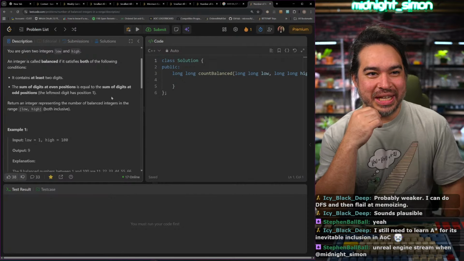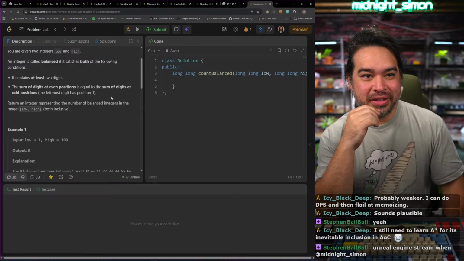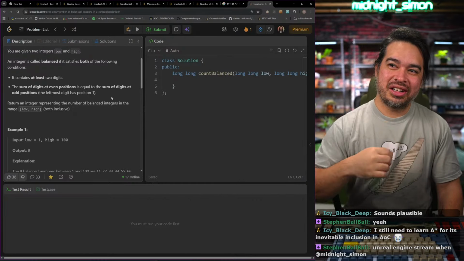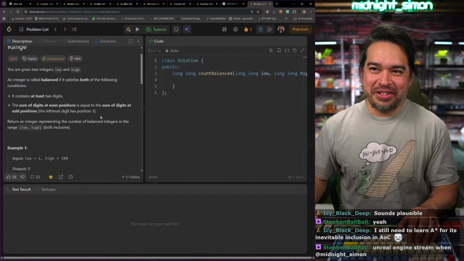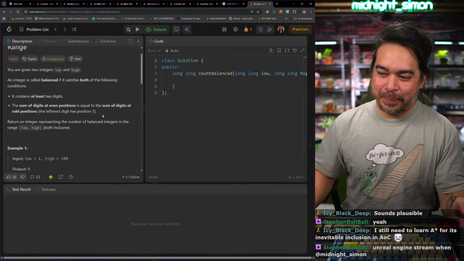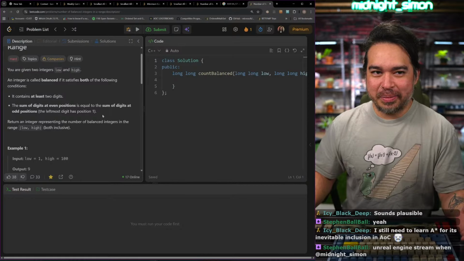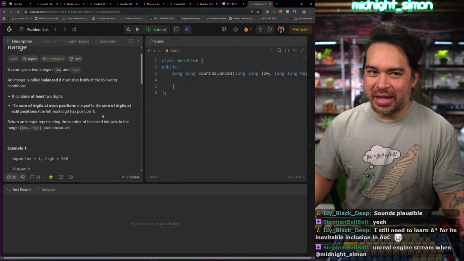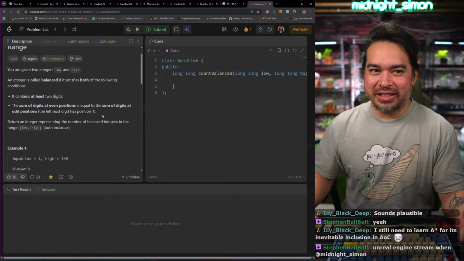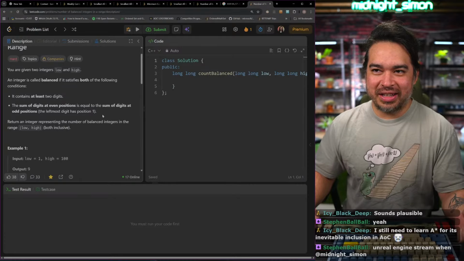I still need to learn A star for its inevitable inclusion in Advent of Code. I know what A star is. A star is a single source pathfinding algorithm similar to Dijkstra's, but I don't know anything about A star besides that. I don't even know if that's right, to be honest.